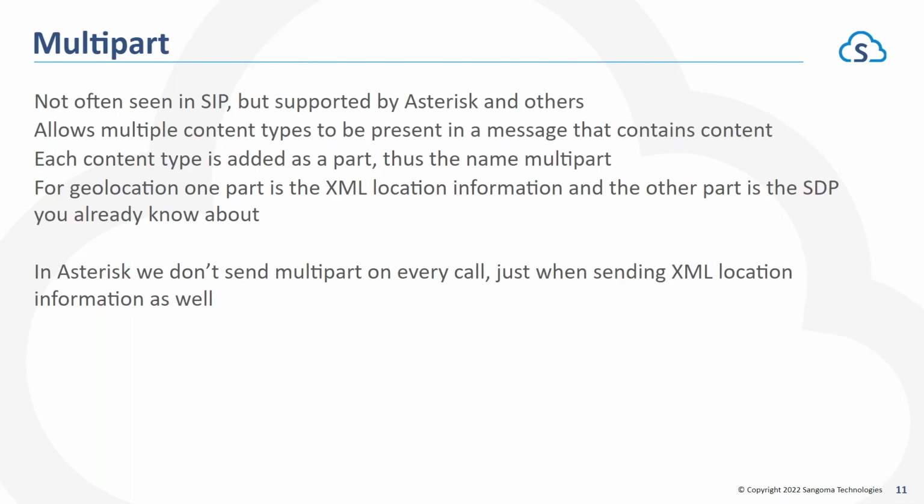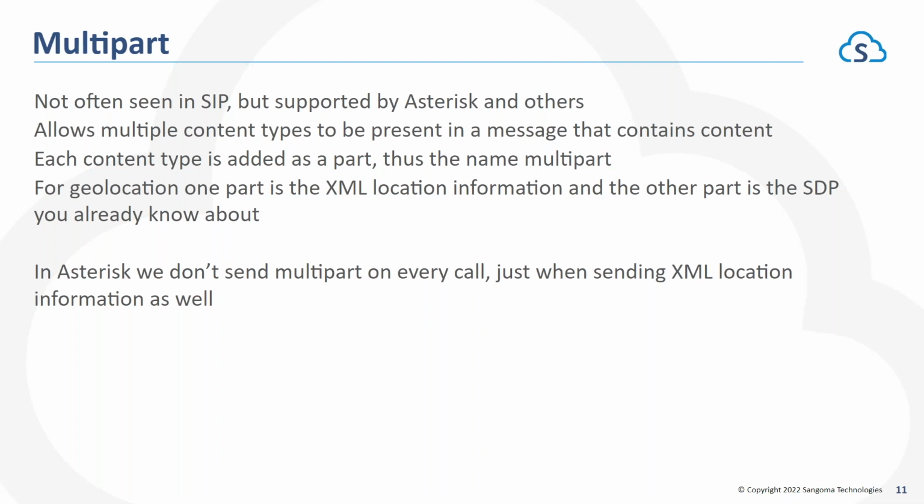Multipart is not often seen in SIP, but it is supported by Asterisk as a platform as well as many others. And it allows you to attach multiple content types to a message. So in this case, it would be a content type of XML and a content type of SDP. As the name might suggest, each content type is added as a part, and thus the name Multipart.